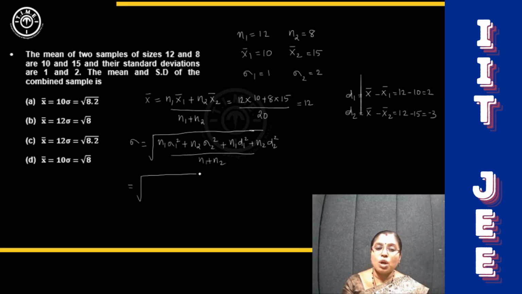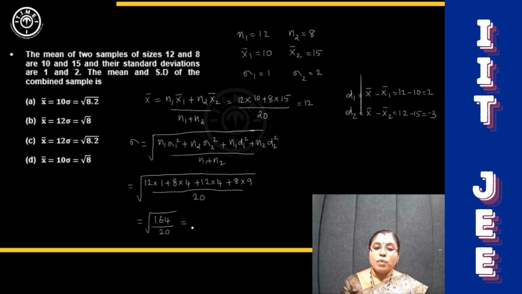So we get root of n1, that is 12 into 1 square, that is 1, plus 8 into 2 square, that is 4, plus n1, that is 12 into d1 square, which is 4, and 8 into 9 whole divided by 20. So we have 12 plus 32 plus 48 plus 72. So we have root of 164 divided by 20, which is equal to root of 8.2.